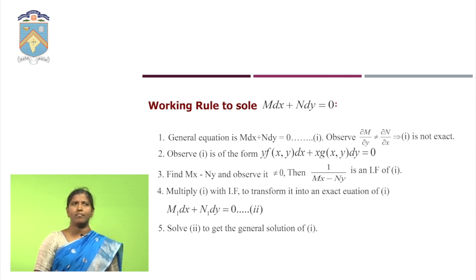When we multiply with an integrating factor, they will be equal. That means ∂m1/∂y will be equal to ∂n1/∂x. Again we will find the integral of m1 dx, treating y as constant, and the integral of the terms in n1 dy not containing x, and we'll find the general solution.